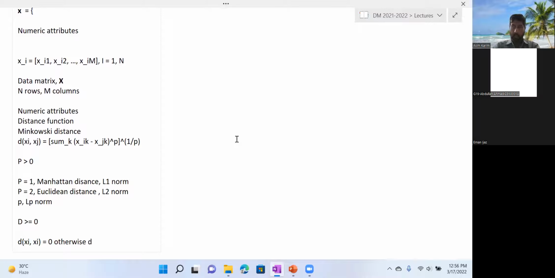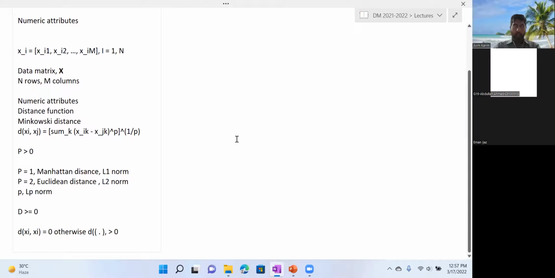Otherwise, d would be greater than 0, right? So 0 means that they are similar, exactly the same, and greater than 0 means that they are becoming dissimilar, and there is no upper bound actually on this distance or dissimilarity.